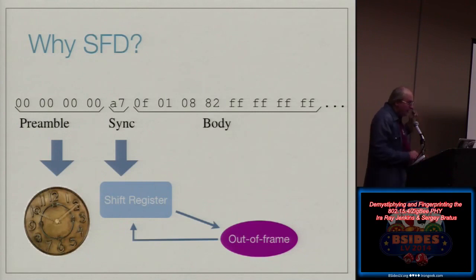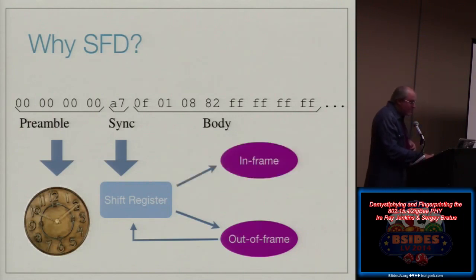So now we have to look into the frame and start believing the miracle that we're actually receiving data. There is a shift register that matches for the standard sync A7. Until the shift register matches and lifts that flag, we're out of frame. And once it matches, we're in frame.